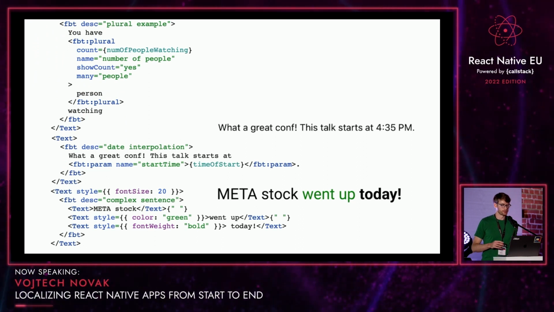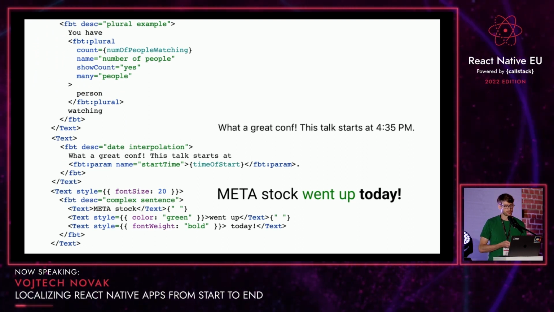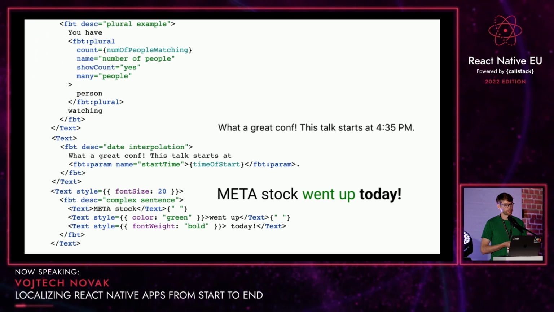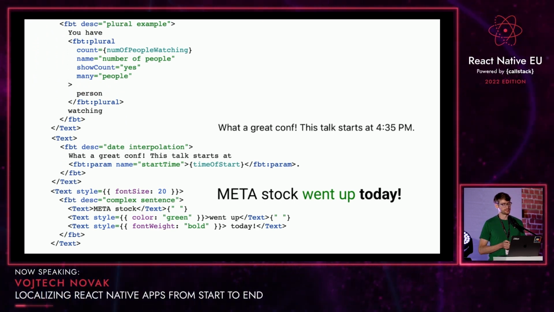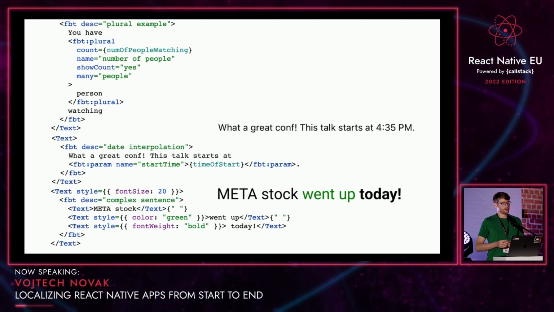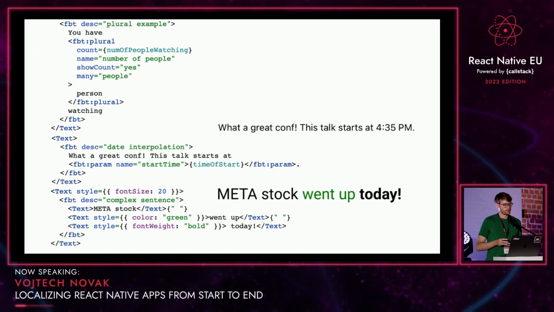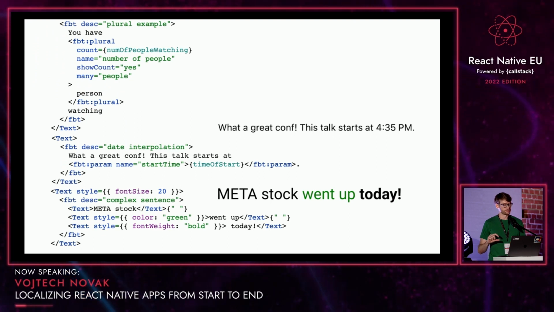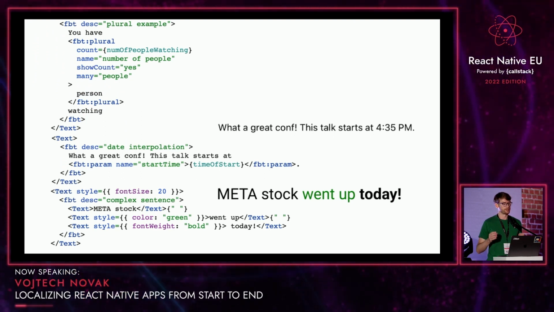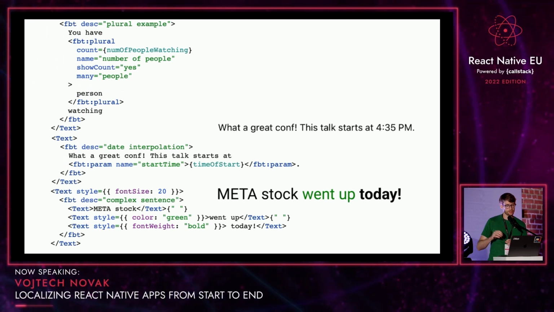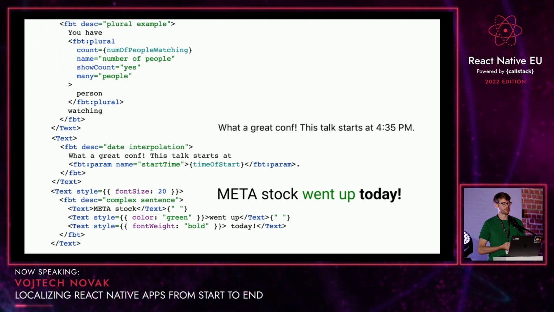And then finally, the complex sentences, as I have called it. Here I'm making use of nesting text components in React Native. If you're not familiar with how it works, basically you can nest text components and give variable styling to parts of the sentence, and this is what it's going to look like in the end. And the result is then wrapped by the FBT component again.